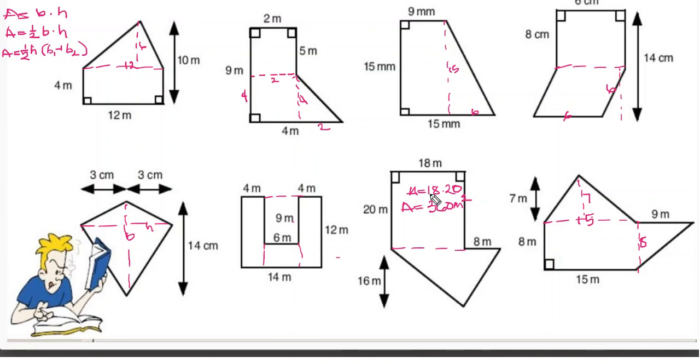So this part is 360 meters squared, and then I have 18 for this part plus 8 more. So that gives me a 26 right here, right? For the base of this whole thing right here. And then I have a height of 16 right here. So if I multiply those two together, okay, sorry, I'm just quickly doing that work on my calculator.